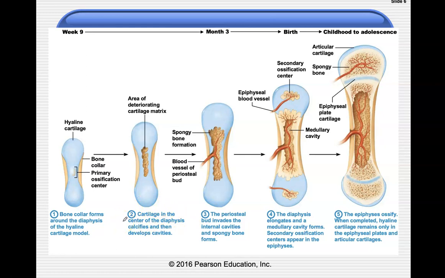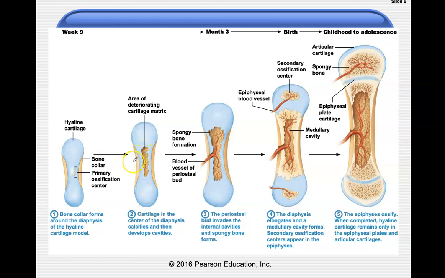Okay, so then we have step 2 here. In what's going to become the primary ossification center, we end up having this area of cartilage that deteriorates.